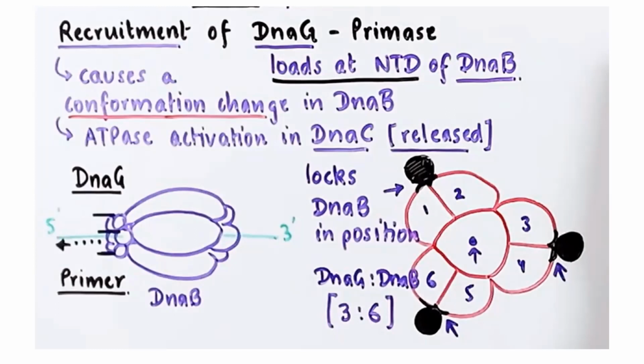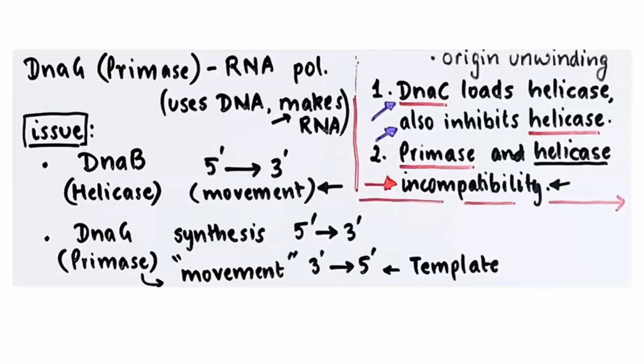This brings us to the next problem, which is the incompatibility in the primase. To understand that, we have to know that DNA-G is basically a specific RNA primer RNA polymerase. So it uses DNA and makes RNA. So now let's define the issue of incompatibility with the helicase.